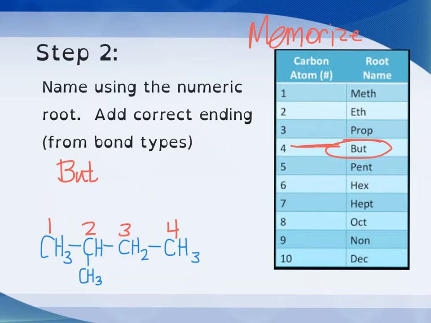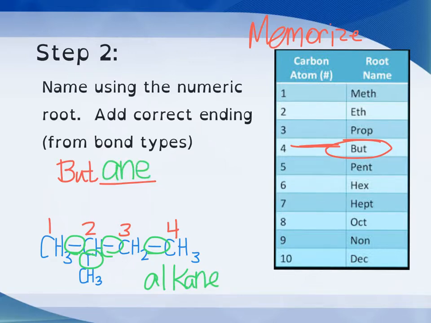Then you go back and you will be adding an ending. Now, we haven't talked about endings yet, but I will tell you, since this has only single bonds in it, we are going to recognize that all carbon single bonds will be what's called an alkane. So we will use an ane ending. If we had a double bond, that would be an alkene.